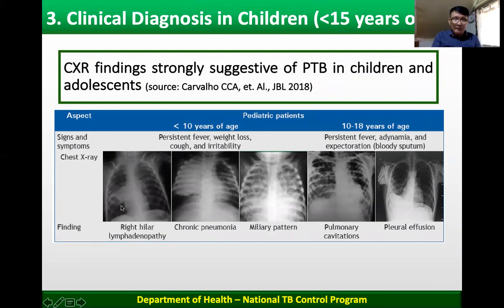The chest X-ray might show right hilar lymphadenopathy, chronic pneumonia, or miliary mottling all over. Then for 10 to 18 years of age, the symptoms are persistent fever, anorexia, and expectoration, bloody sputum. It can show pulmonary cavitations or pleural effusion.